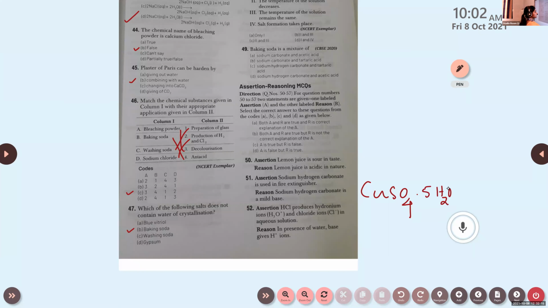CuSO4, 5H2O. This is known as blue vitriol. So you can just write down blue vitriol, that is copper sulfate. It contains 5 water molecules. Then next question.